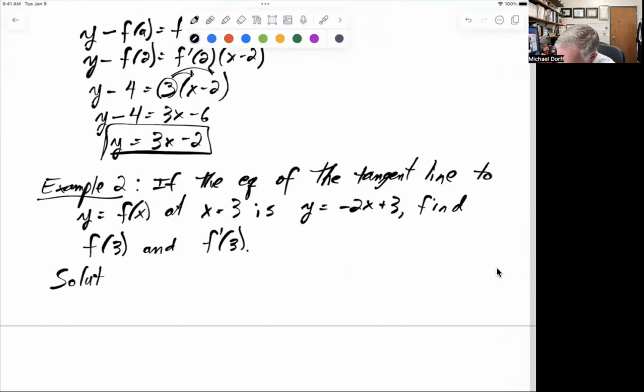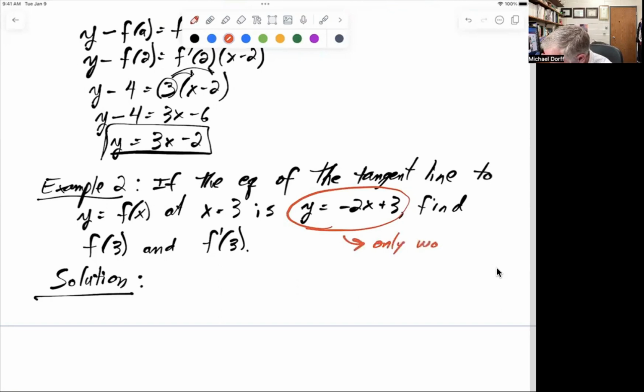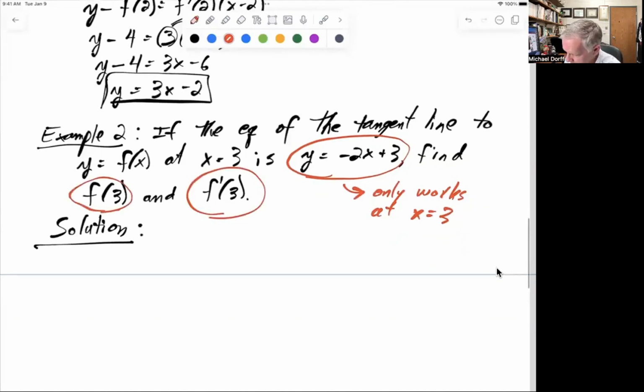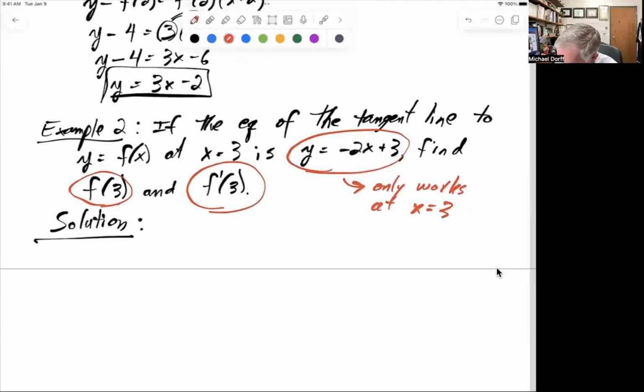So it's important to understand here that this tangent line is only valid, only works, at x equals 3. That's the tangent line at x equals 3. If I take a different point, like x equals 4, I'm likely going to have a different equation for a tangent line. But it's okay in this problem because we're trying to find f of 3 and f prime of 3. So go ahead and do this in blue now.